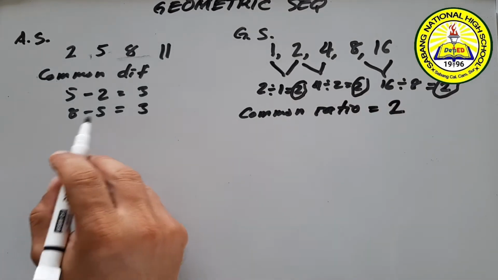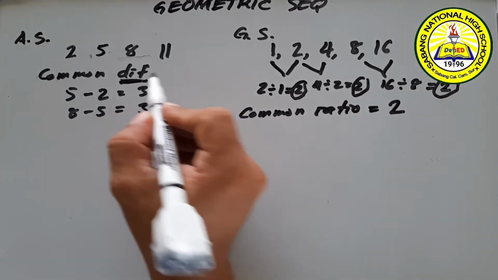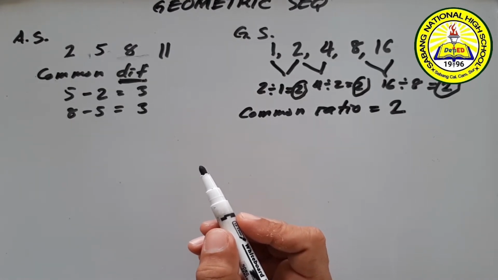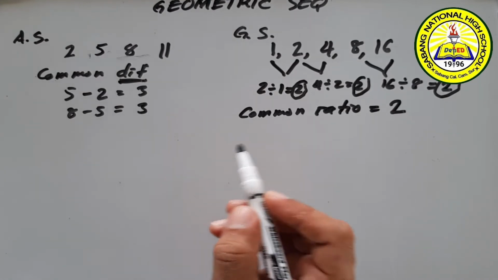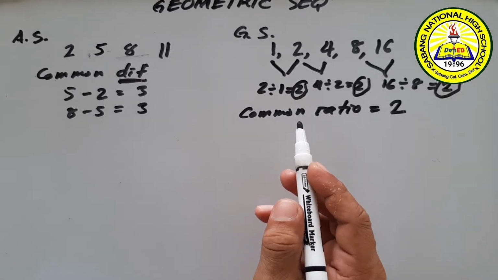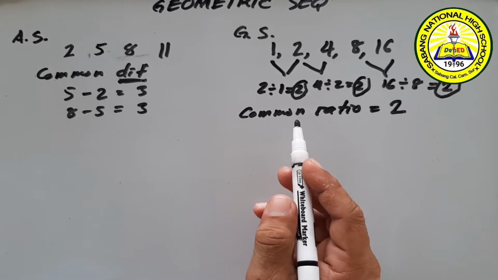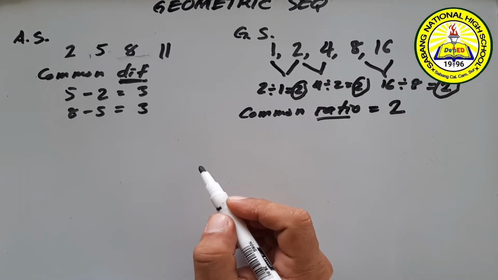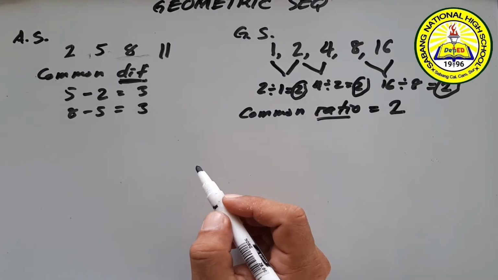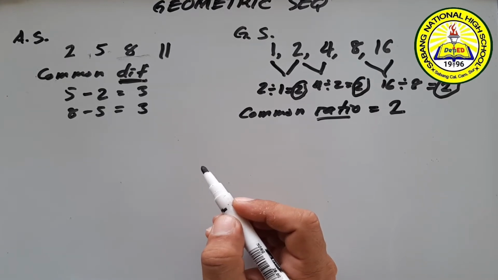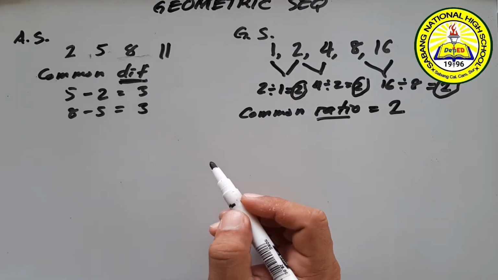In arithmetic sequence, we have a common difference; we subtract two succeeding terms to find it. In geometric sequence, we divide two succeeding terms to find the common ratio. Since we are talking about ratio, we multiply a constant number to a term to find the next term.